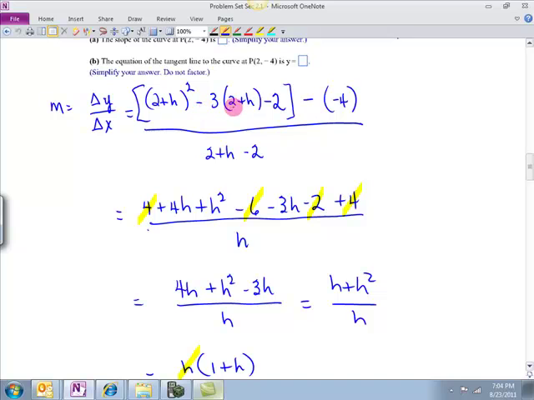A lot of people didn't make this 3h negative. And if you make it positive right here, well, you don't get the right answer. So that minus 3, that's just basic distributing, but we miss it all the time. So be sure you put things in parentheses, that you bracket things, and that you do things in the algebraically correct order. Okay?